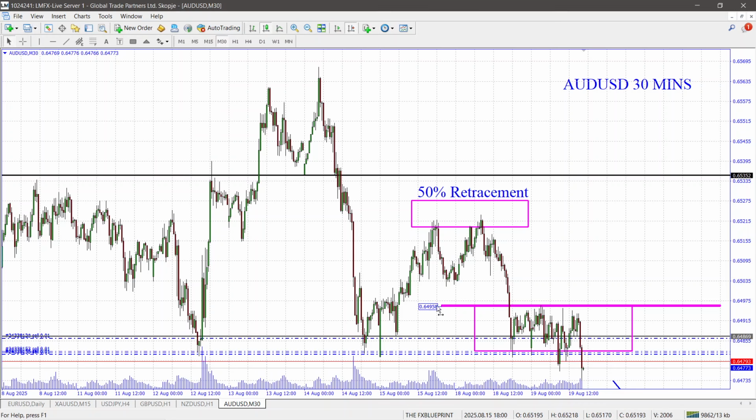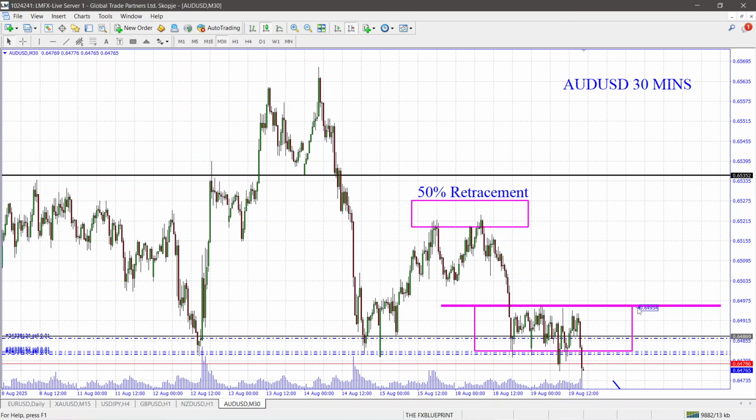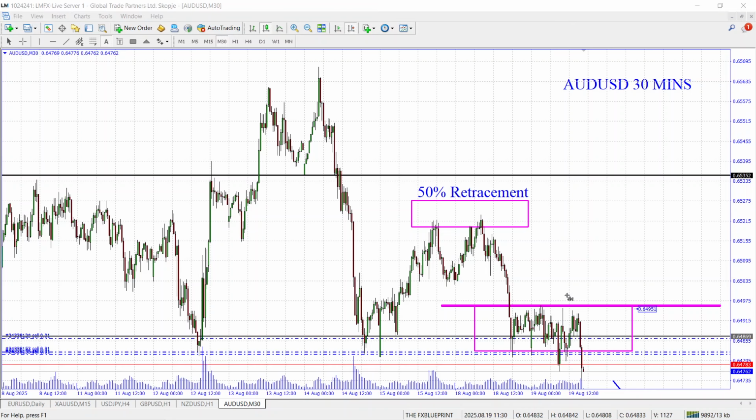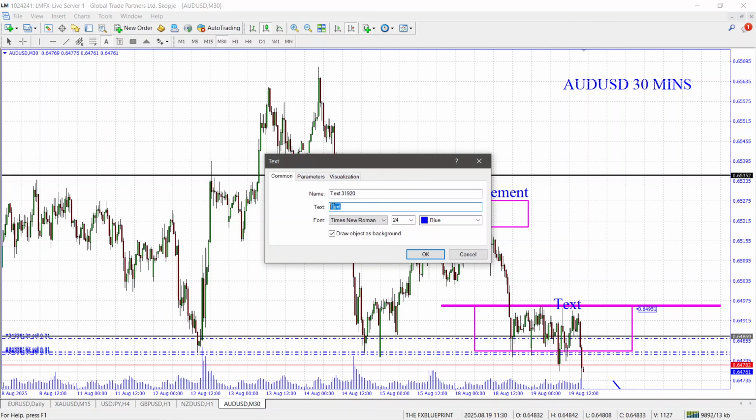Maybe that doesn't work. We grab a right label and say that if the price goes up there, this trade becomes invalidated. Invalid.